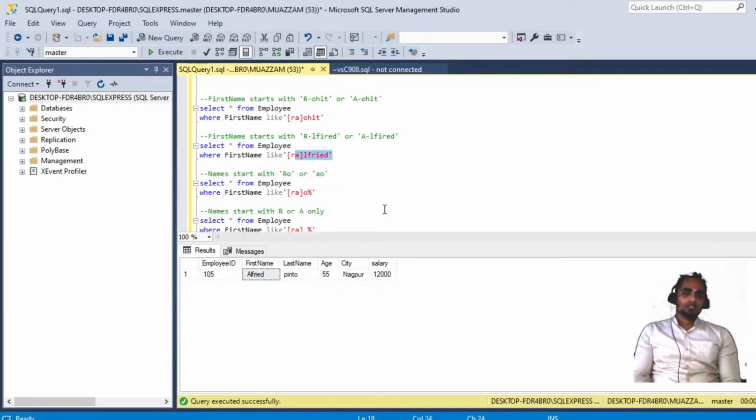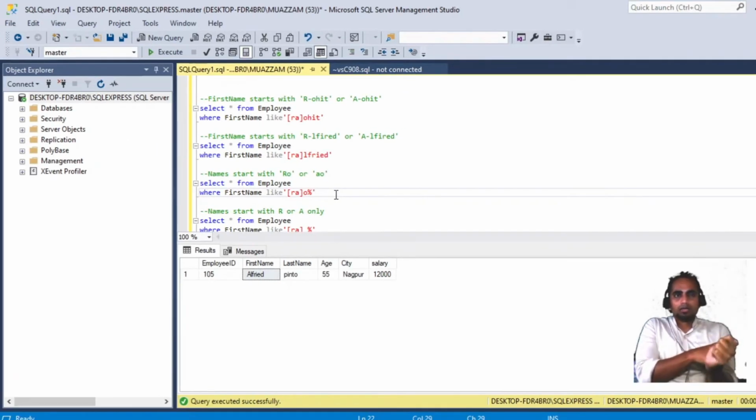That is how it is useful if we are not sure about certain letters, because in a real world example, somebody else enters the data into the system, and somebody else, or we, are operating on that particular database. I'm not sure whether it was starting with R or A, and then I am sure that there was only one letter which was O, and after O there were certain characters.